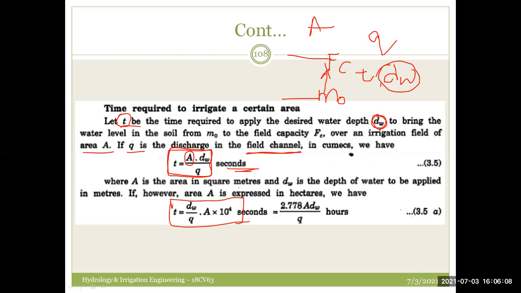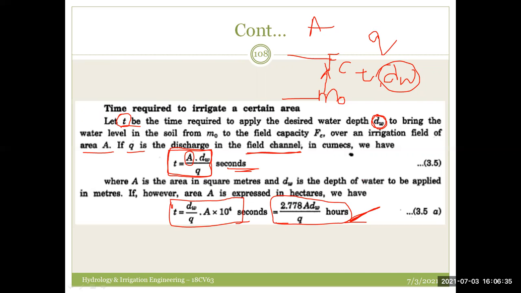Again T is in seconds. If you want to get the value in terms of hours, you have to convert that second to hour. So T is equal to 2.778 into A into dW divided by Q. This is the time required to irrigate a certain area.